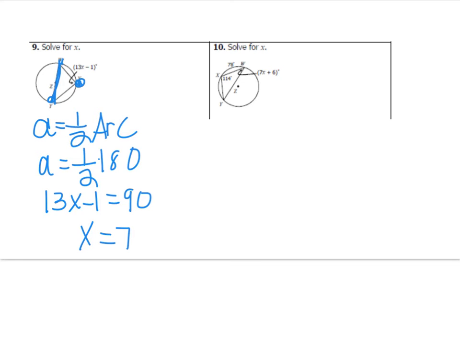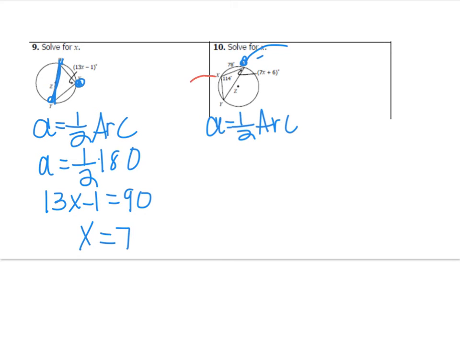There's a couple of ways to do number 10. We could build on prior knowledge by finding the information in the triangle, or we can stick to using our inscribed angles. I'll do both ways. We know that the angle here, W, is on the circle, so we start off with our formula: the angle is equal to half the arc.